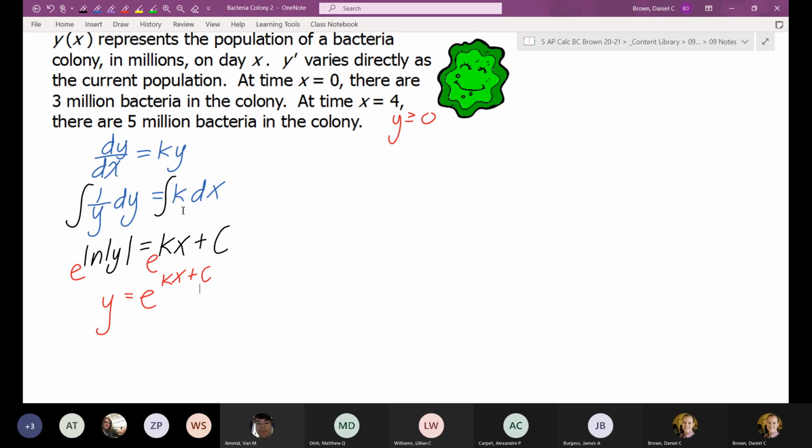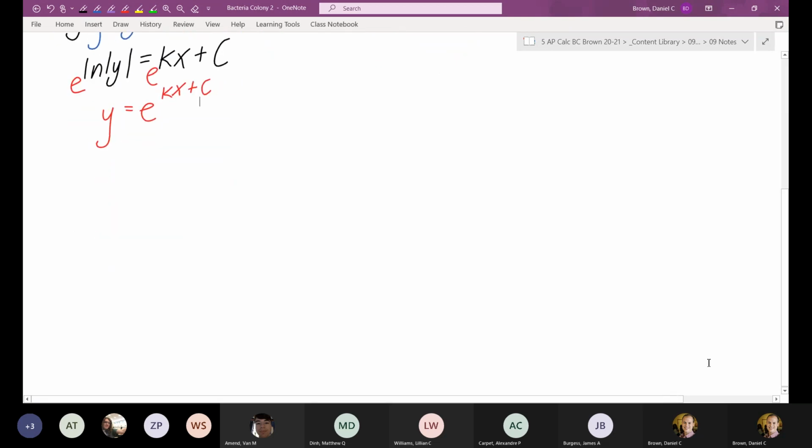So I do have this y is equal to e to the kx plus c, and let's talk about how we can simplify this, because that is kind of a long, gross exponent. Well, we have some properties of exponents. If you're adding inside the exponent, how can you split that up? Multiplication. So this is the same thing as saying y is equal to e to the kx times e to the c.